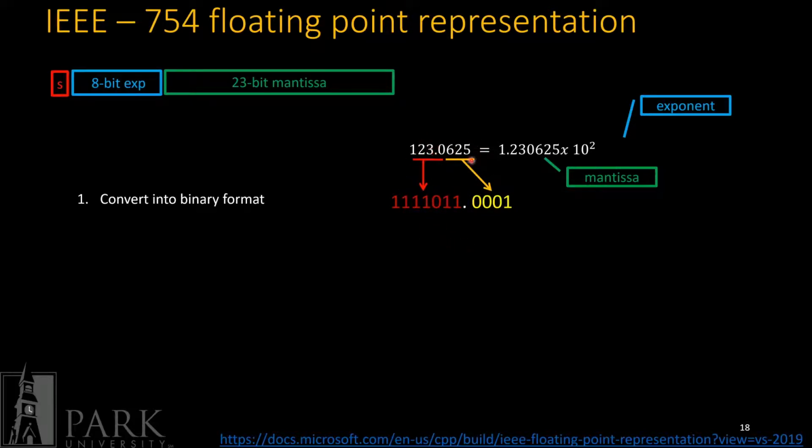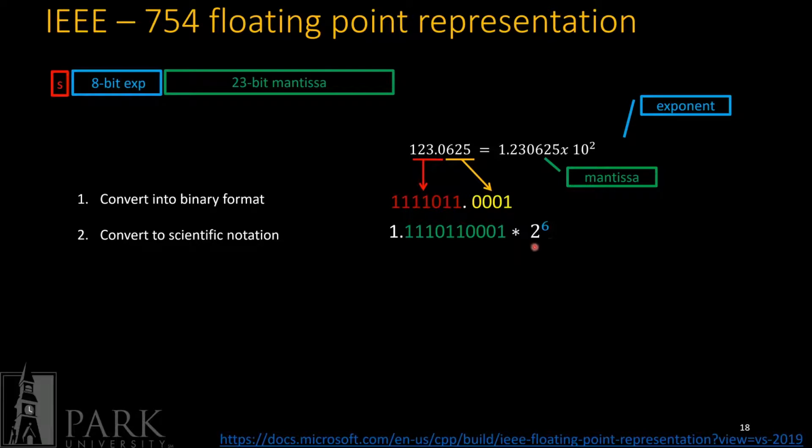But there's a little bit different process, actually kind of like an inverse process, for doing the fractional side of it. Okay. So once we do that, we then convert to scientific notation by moving the decimal point over to the left. And in this case, we're going to move it 6 places. 1, 2, 3, 4, 5, 6. So that gives us this number right here.